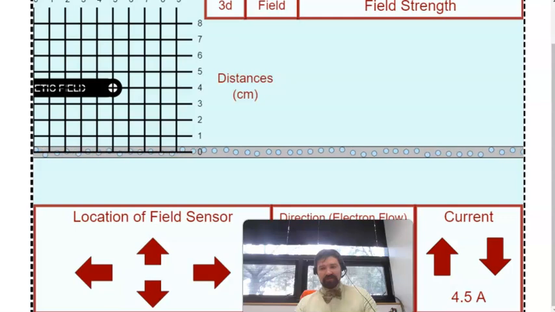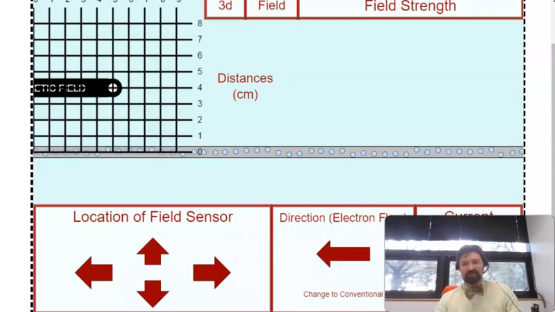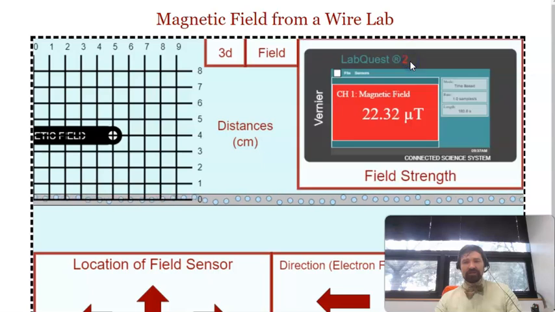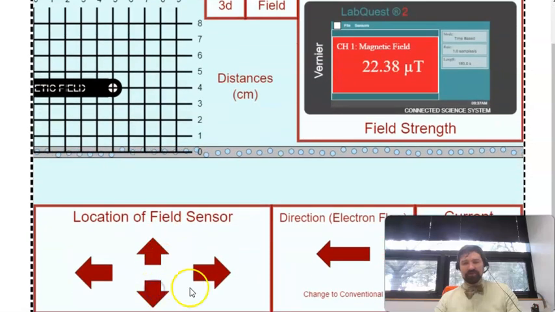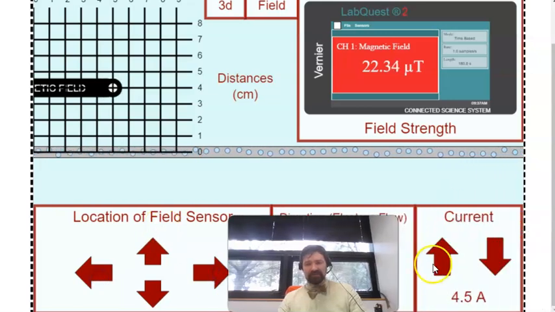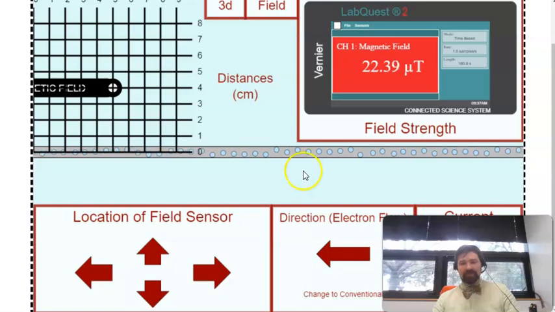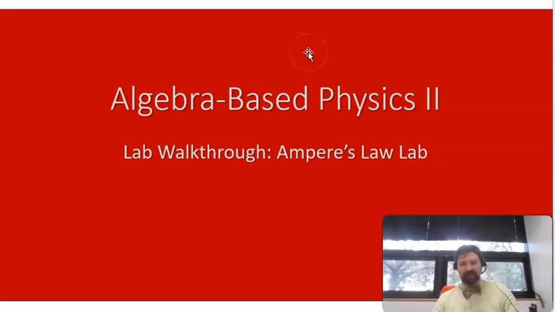So you're going to be making changes for all three of those things, and in each case you're measuring what the magnetic field strength is. You can move up and down, you can move left and right, and then you can increase or decrease the current. In each case you should be writing down the magnetic field strength as well as the value of the changed variable, your independent variable.